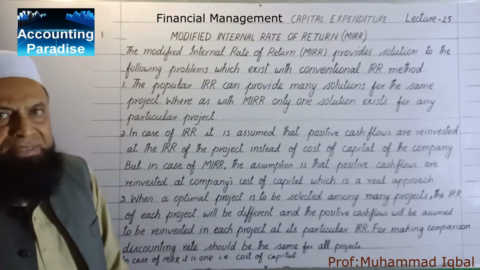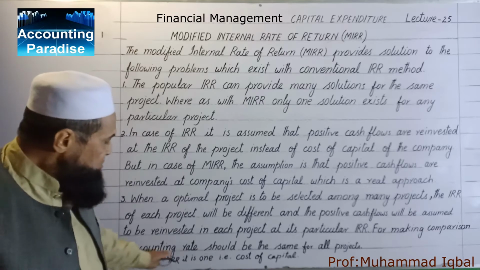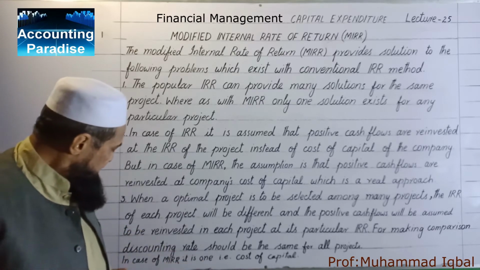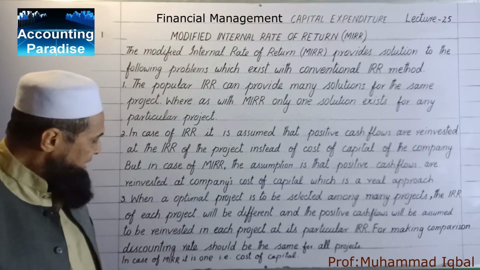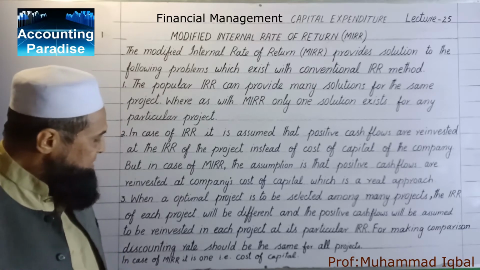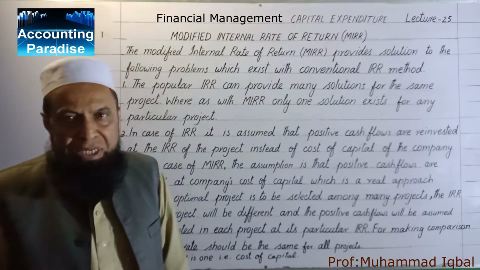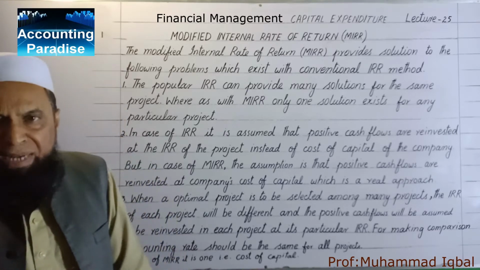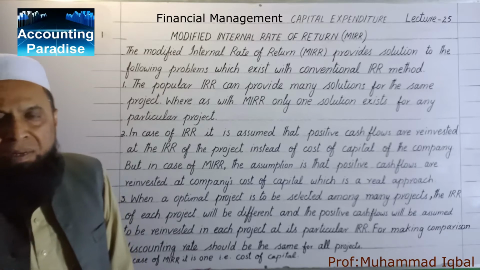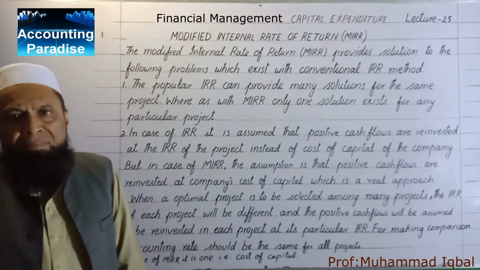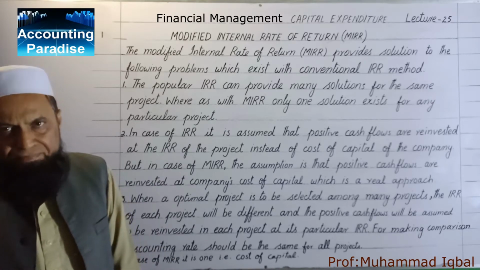For making comparison, the discounting rate should be the same for all projects. In case of modified internal rate of return, it is the same, that is the cost of capital. So it is a better method than conventional IRR.